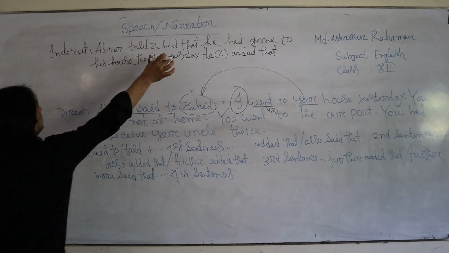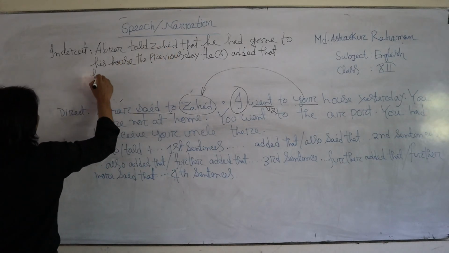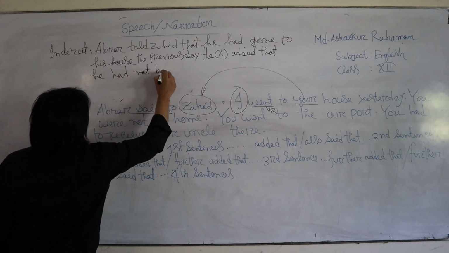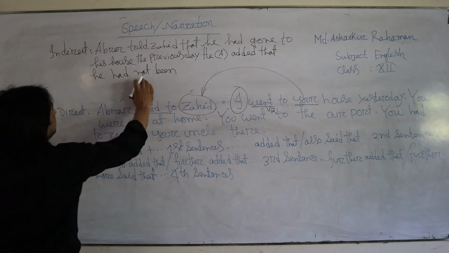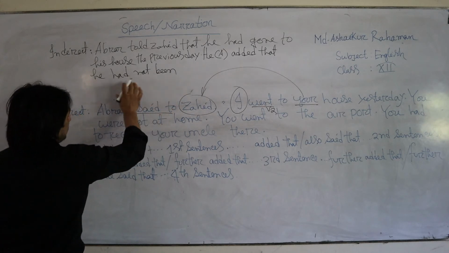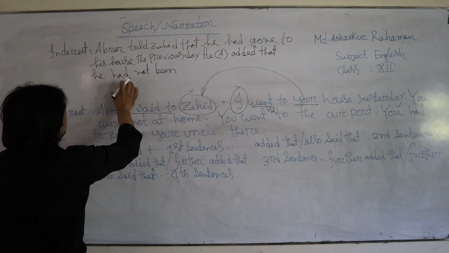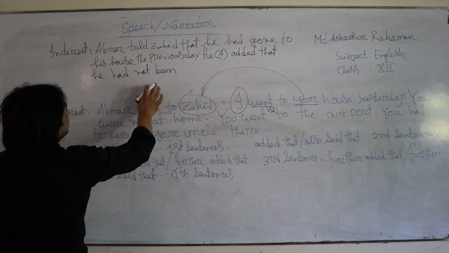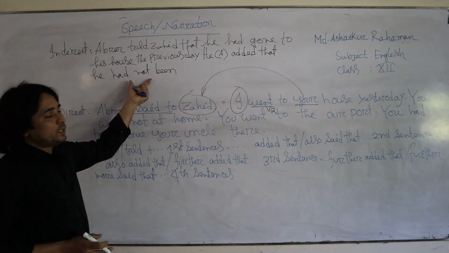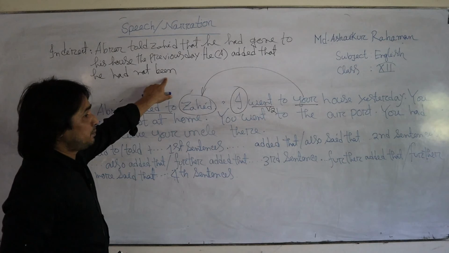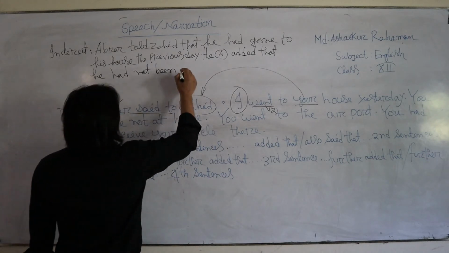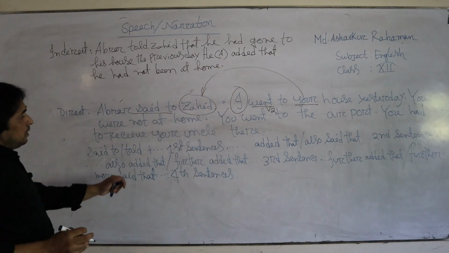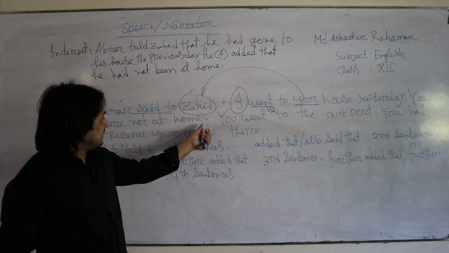You means Zahid. He had not been. We cannot write he had been not. We have to write had not been. If we use a negative, we must put it in the middle of both the parts. So, he had not been at home. We have just solved the second sentence.